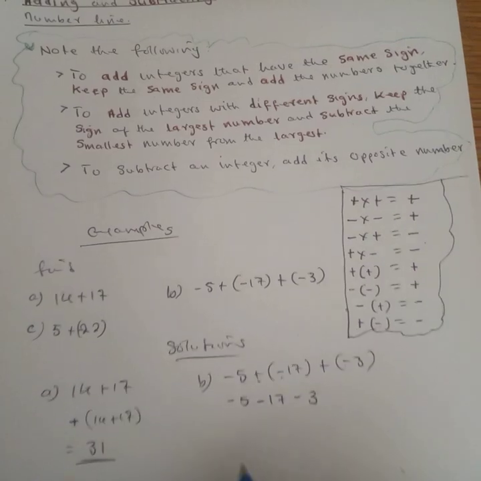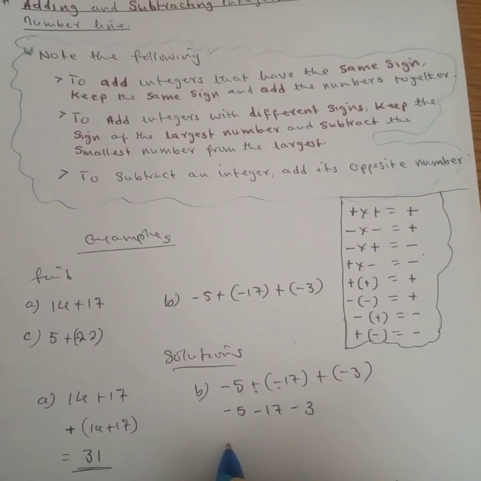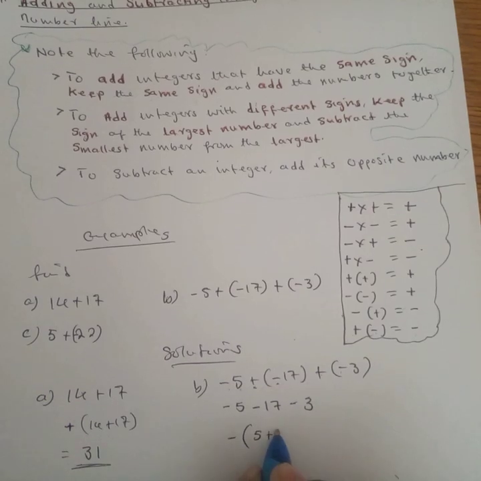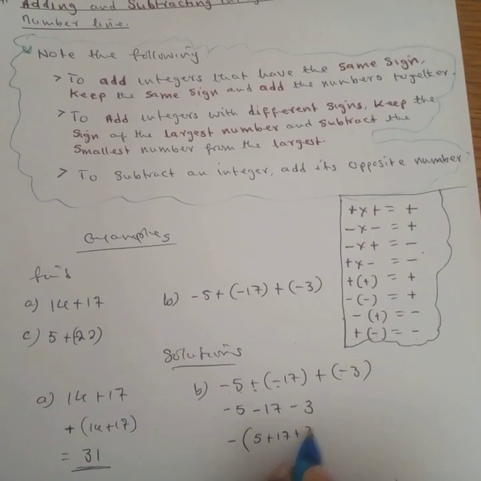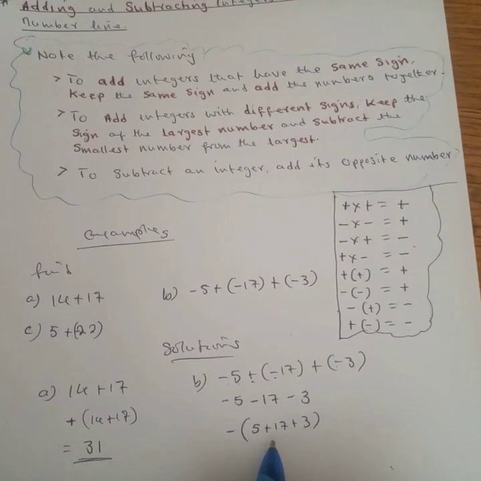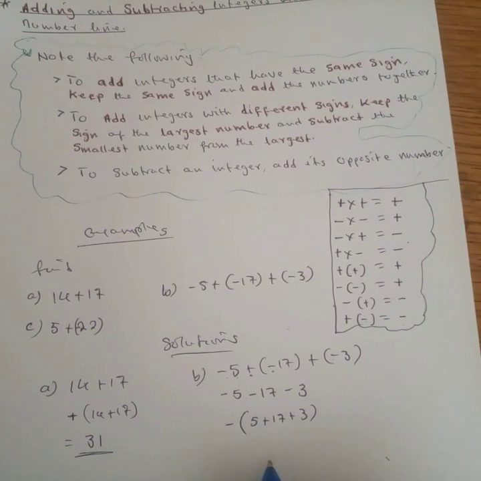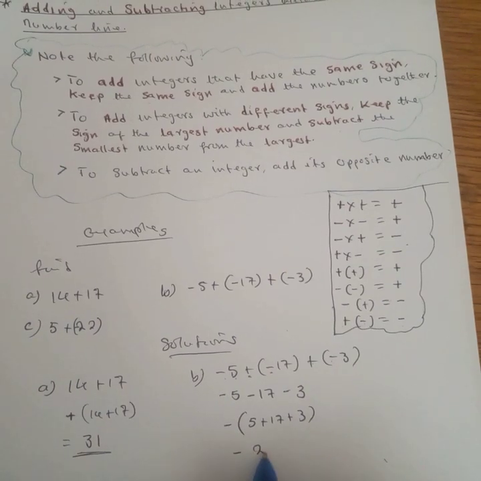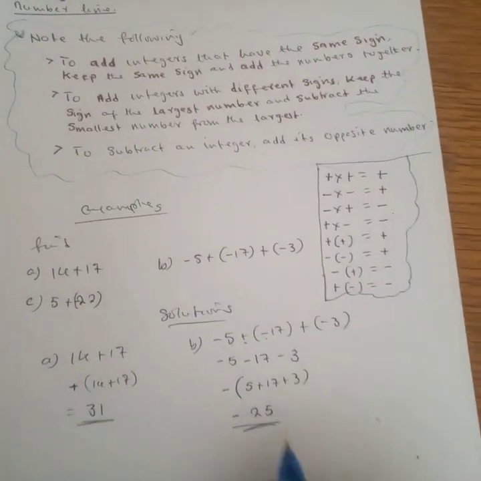So we are going to keep the negative sign, and we are going to add the numbers 5 plus 17 plus 3. So what is 5 plus 17 plus 3? That is going to be 25. So we are going to have -25, and you are done.